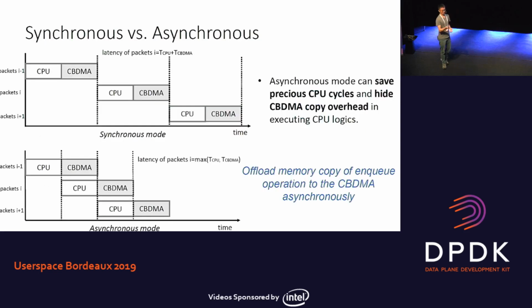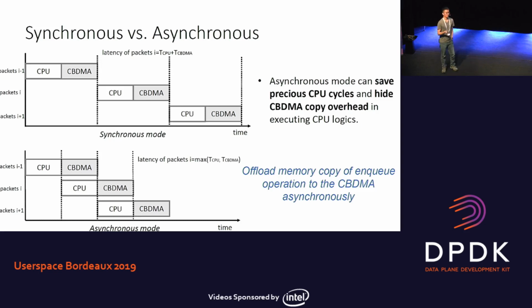Here is a demonstration. It's pretty straightforward, right? By the way, the CPU here on top is what we mean by the synchronous mode, and the efficiency of the pipeline will be low.